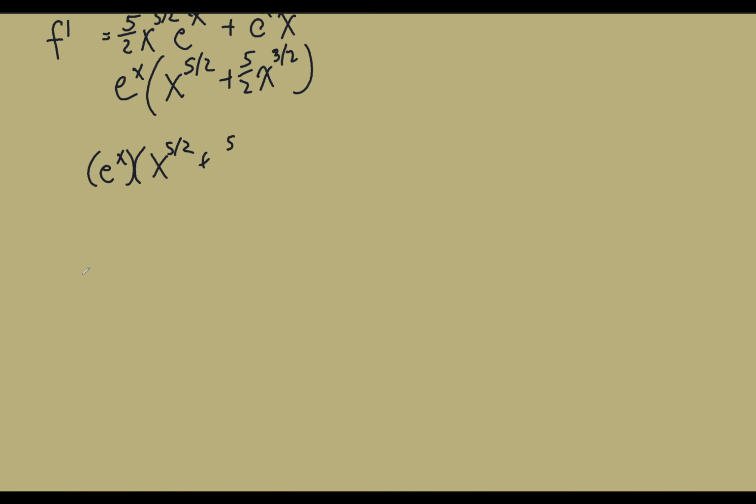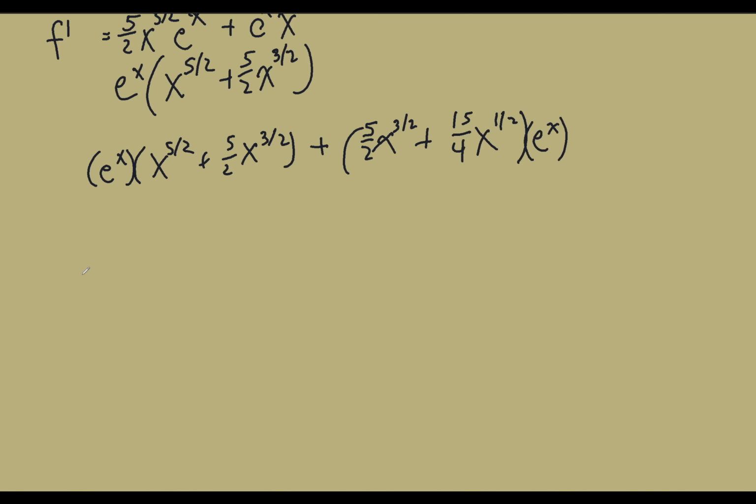I love when it's the same. Plus v prime, this part I don't like, 5 halves x to the 3 halves plus 15/4 x to the 1 half, and then e to the x for u.